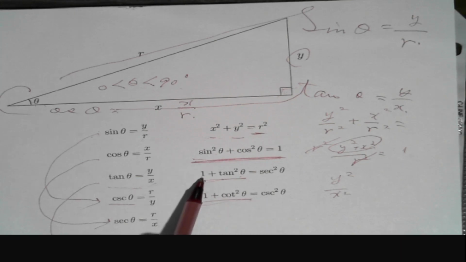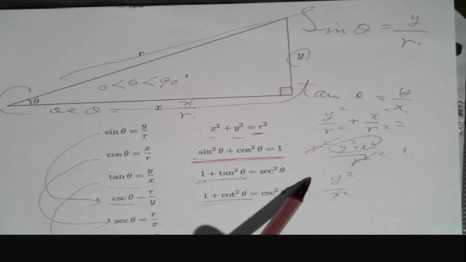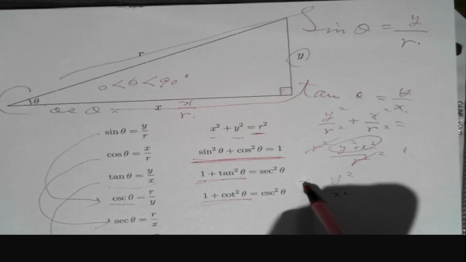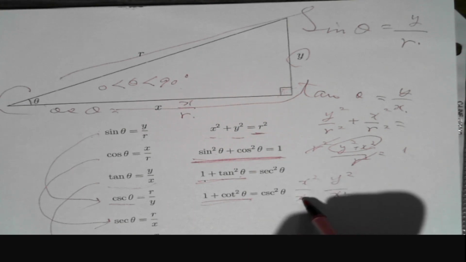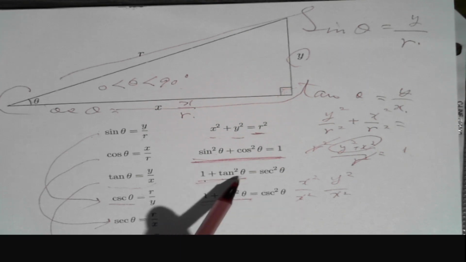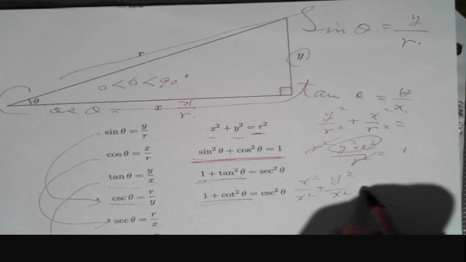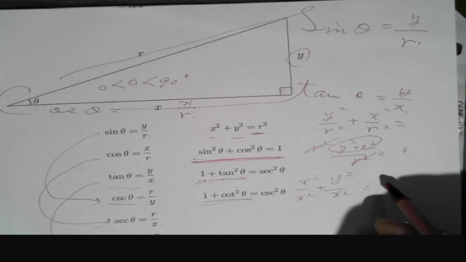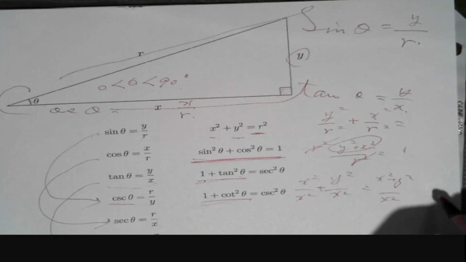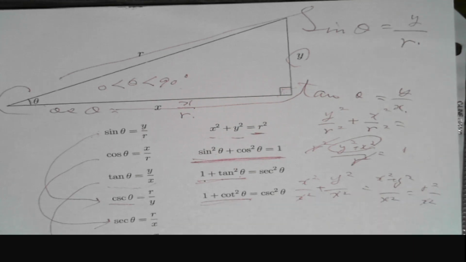And then 1. 1 is always the same value over the same value. Because the denominator is x squared, we can say 1 is x squared over x squared. Okay? X squared over x squared is 1, obviously. Then add tangent squared theta. Then you can see this reduces to x squared plus y squared over x squared, which is r squared over x squared.